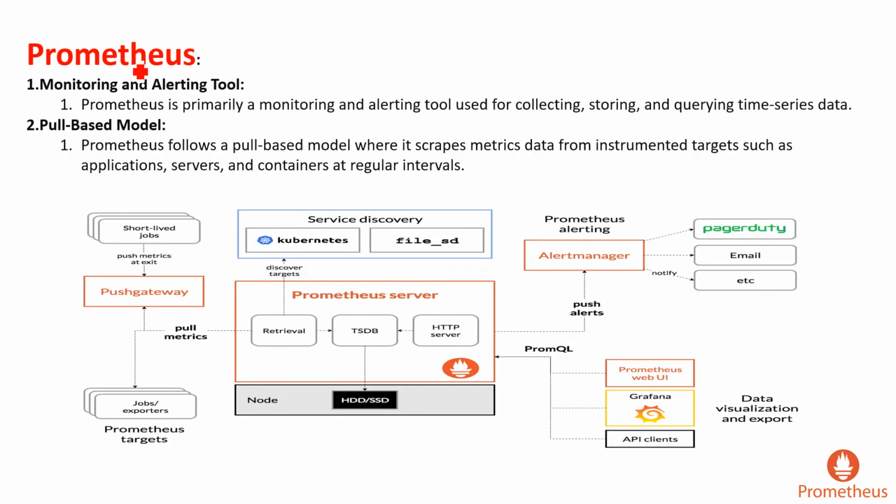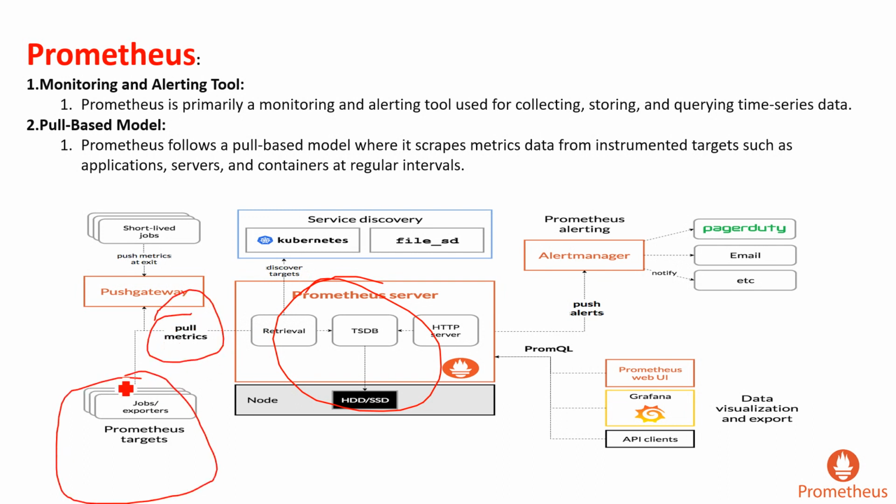The next one, Prometheus works on a pull-based model. If you look at the architecture, this is the core of Prometheus, and here we have the pull metrics, and then n number of job exporters which will run and pull data to Prometheus.